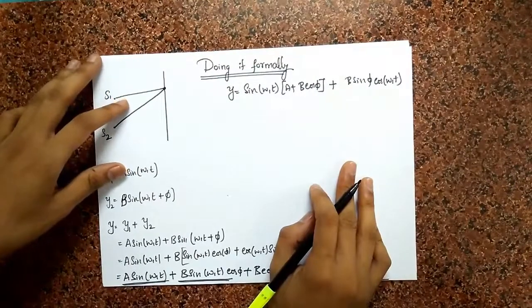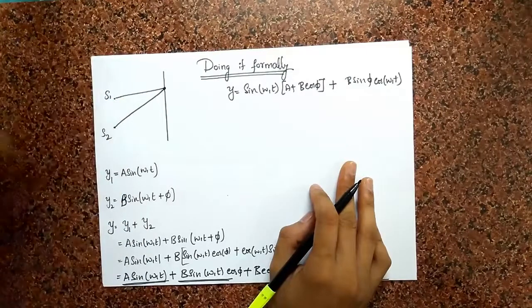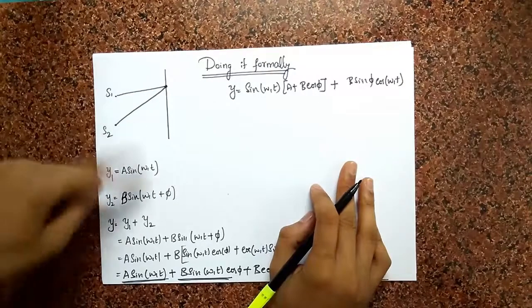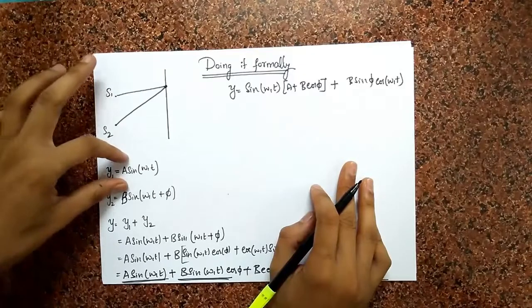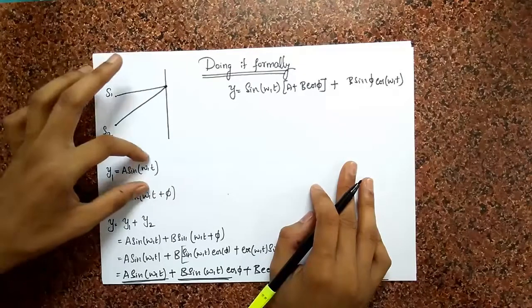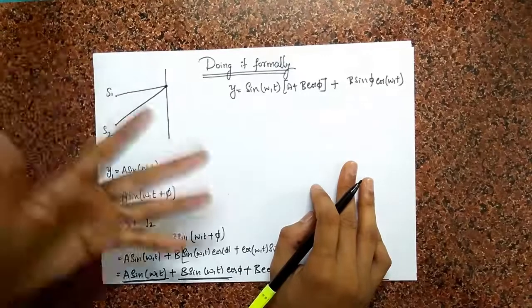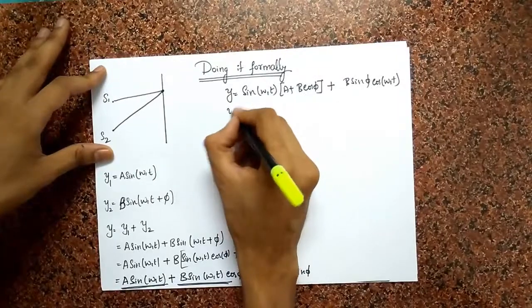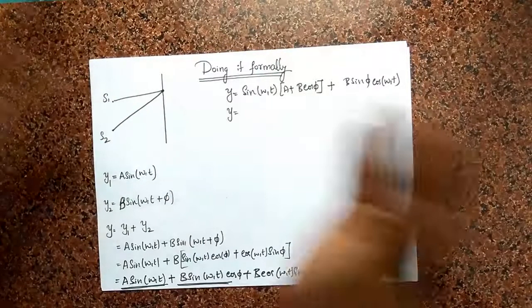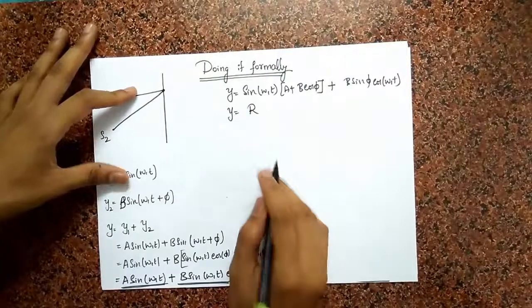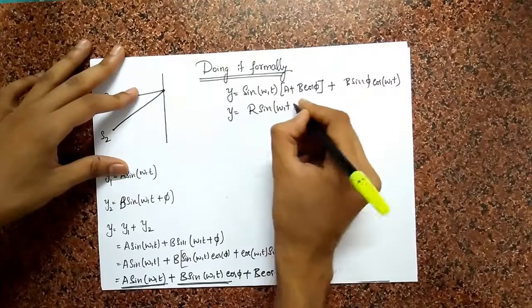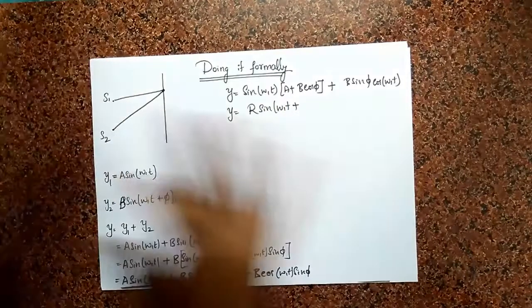Okay, what do we do next? I don't see any further simplification that I can do here. What we can do over here is say, well, look, the resulting wave must also be in the same format. It must also have some amplitude, and it should be written as sine of omega 1t plus some random constant. So y is equal to some random number, which is going to be the new amplitude, I just call it r, into sine (omega 1t plus some other phase difference).